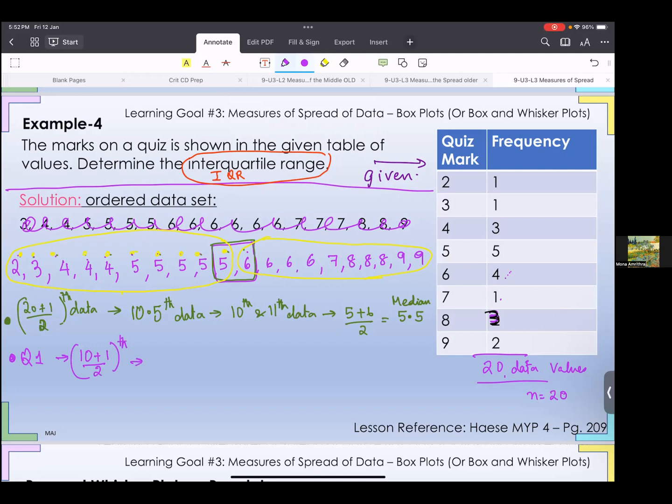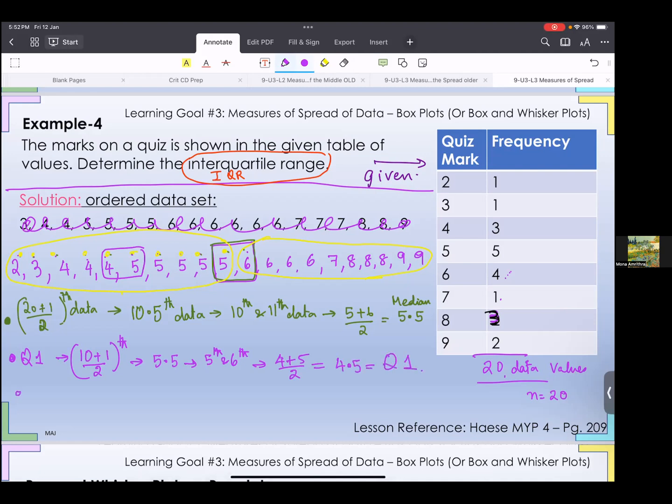That is 11 divided by 2, so 5.5, which is basically between the 5th and the 6th. So that is 1, 2, 3, 4, 5, and 6. So we're going to take these two. So 4 plus 5 divided by 2, 9 divided by 2, which is 4.5, and that is Q1.